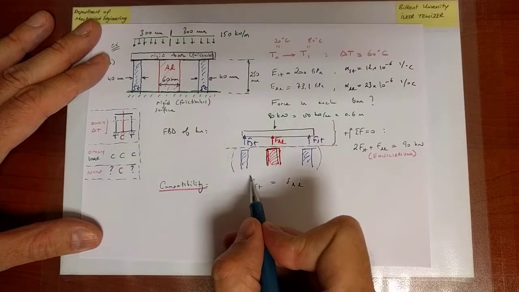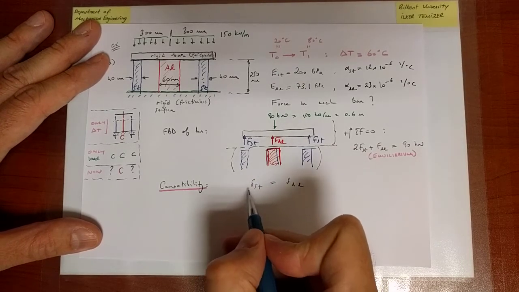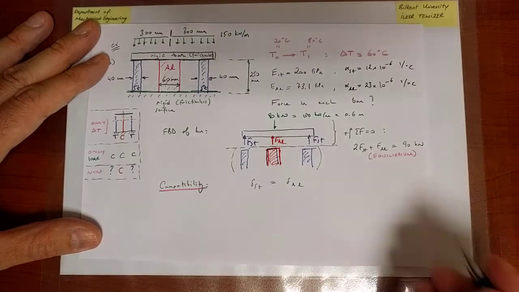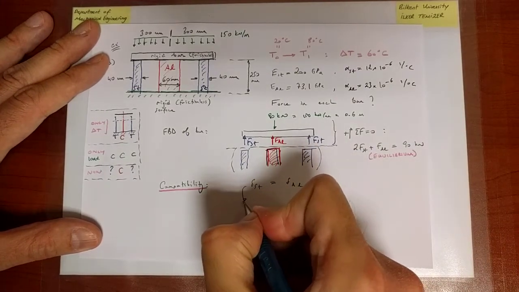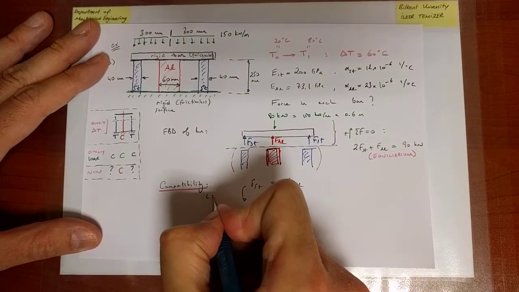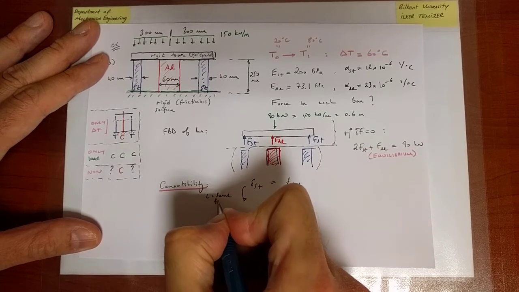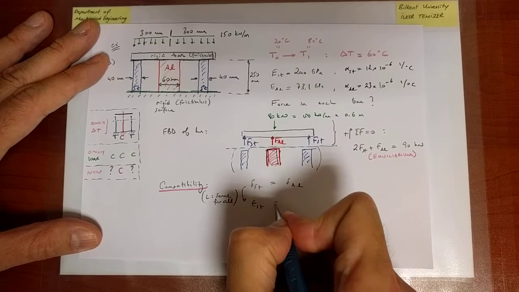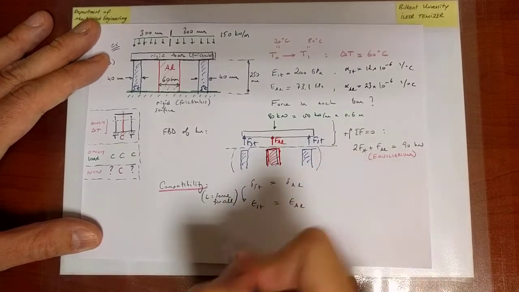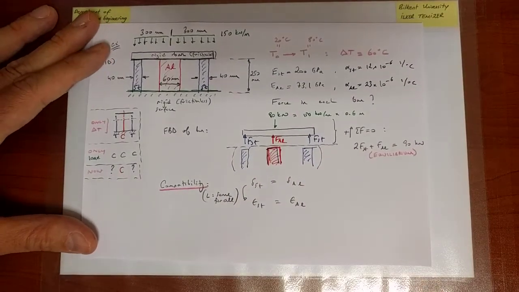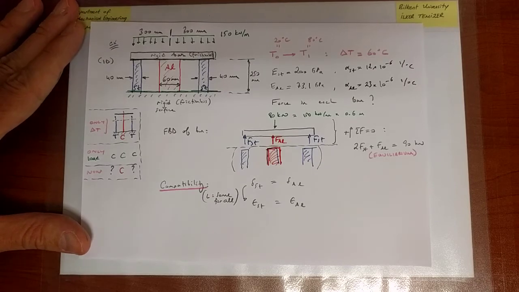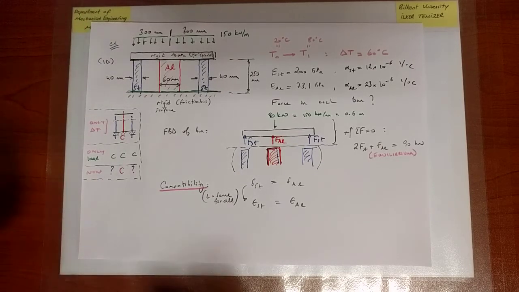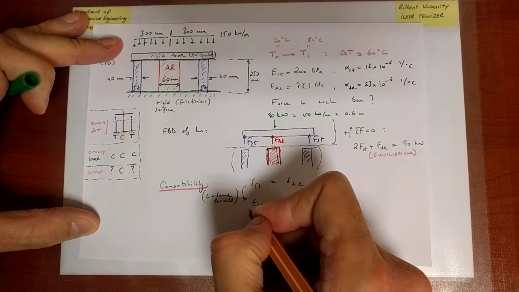So presently, elongation is change in length over initial length, but presently the length is the same for all cylinders, and therefore this is the same as saying that the strain in aluminum is the same as strain in steel. And now at this point, we go ahead and apply the generalized Hooke's law in 1D.